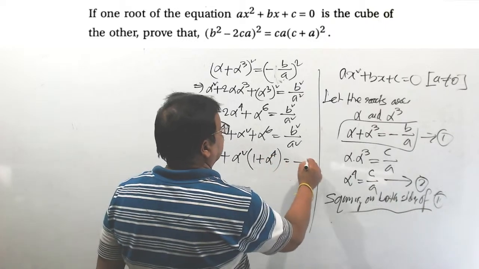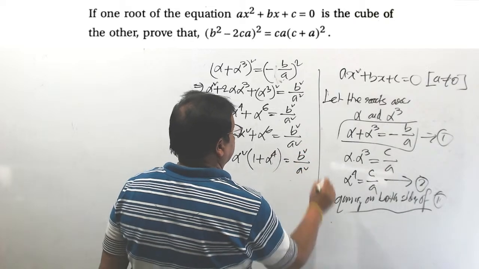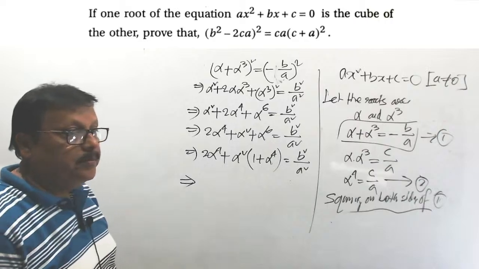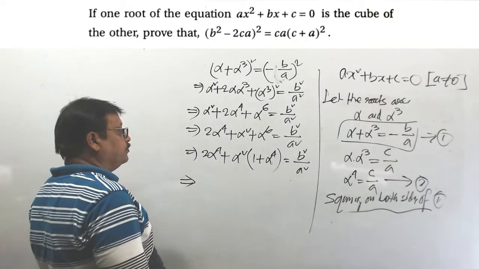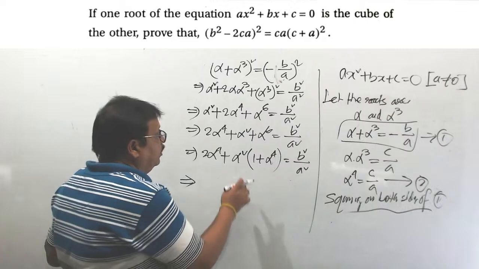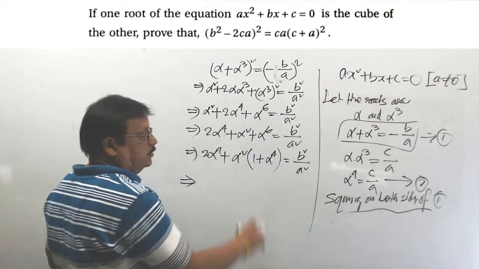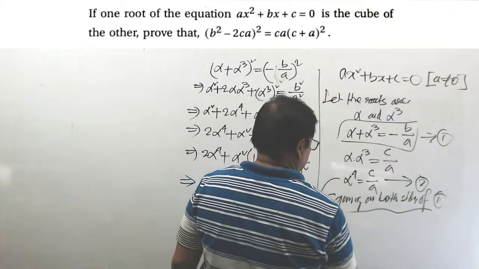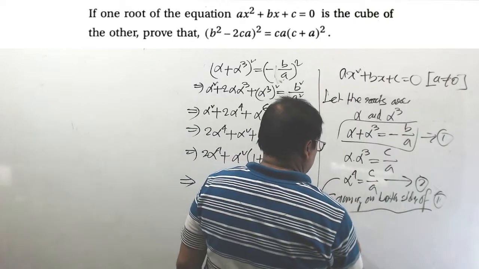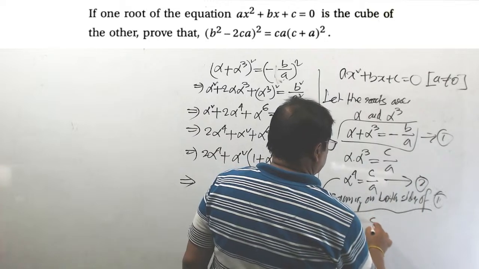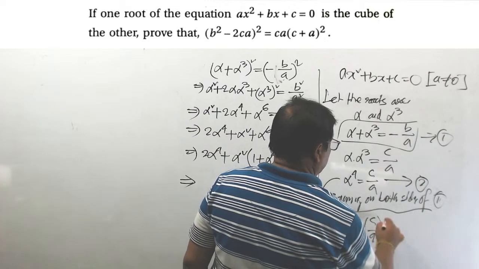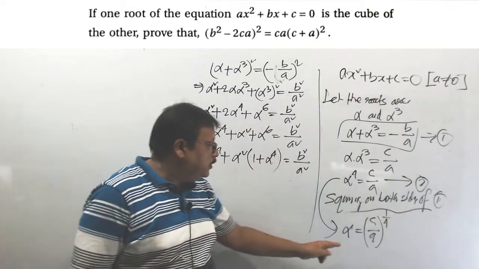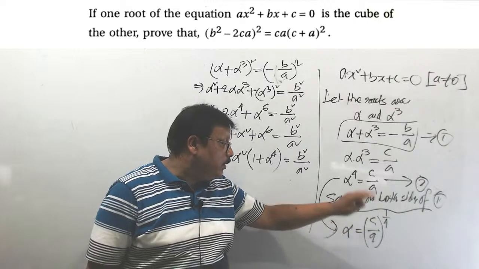Here this is equal to b square by a square, understood? Now what will be for alpha square? See, what is alpha from here? c by a whole to the power 1 by 4, understood?